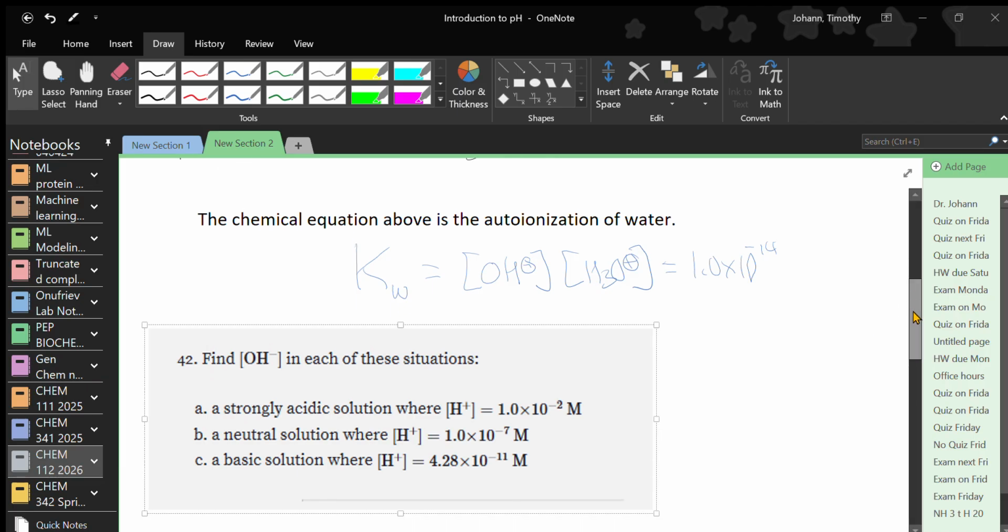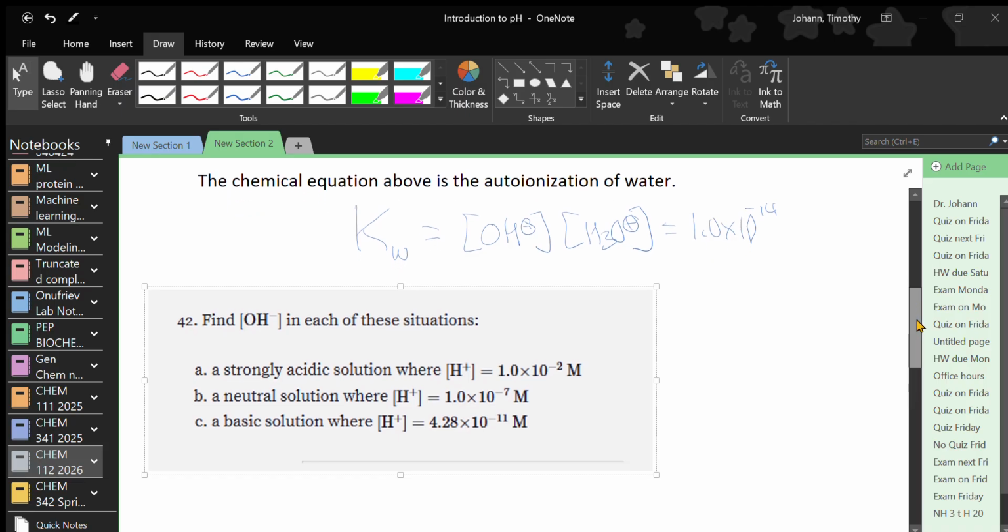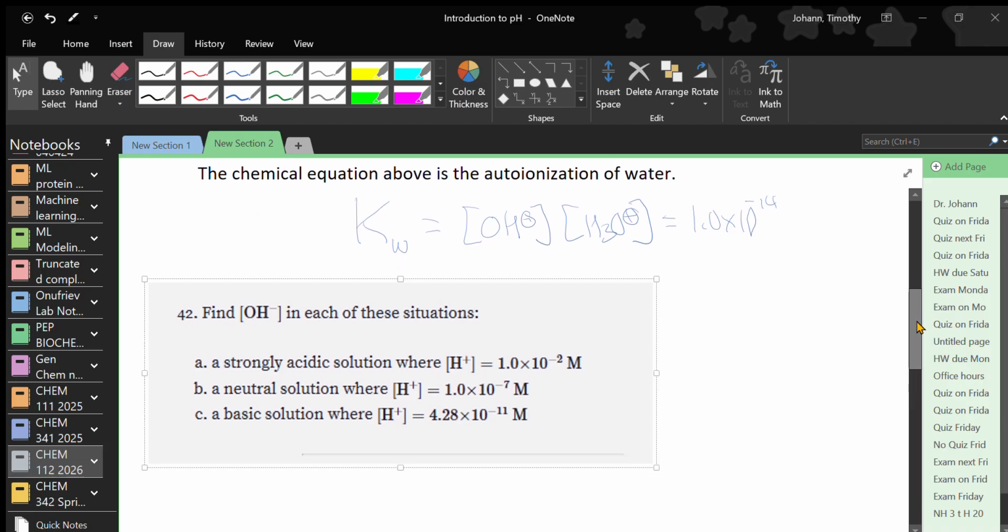Okay, go ahead and do A. I'm not even going to work an example. This is just equilibrium constant stuff. Go ahead and solve for the OH concentration in a superacidic solution. Sort of acidic. Pretty acidic. That's like in the range of what the acid in your stomach is.